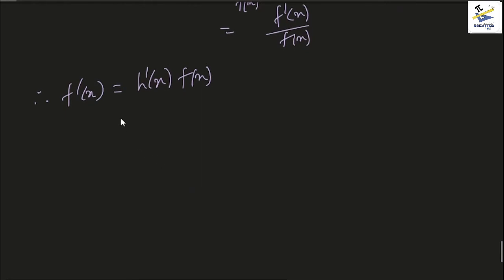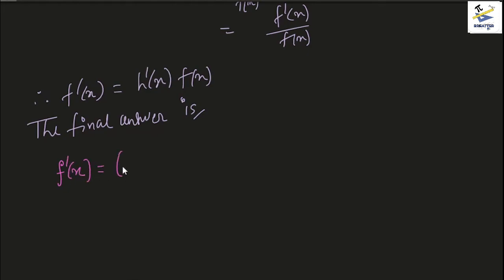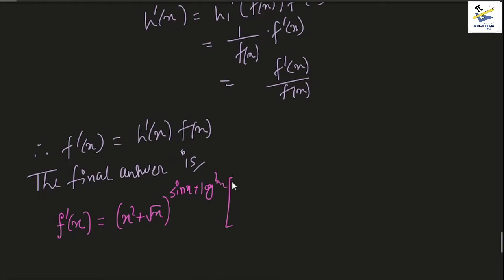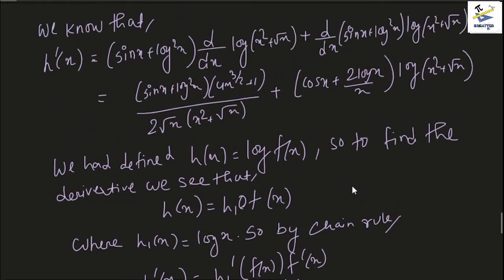and to quote the whole answer, we can write the final answer is f prime of x is equals to x square plus root x to the power sin x plus log square x multiplied by sin x plus log square x into 4 x to the power 3 by 2 plus 1 whole divided by 2 root x into x square plus root x plus, so the next term was cos x plus 2 log x by x into that.